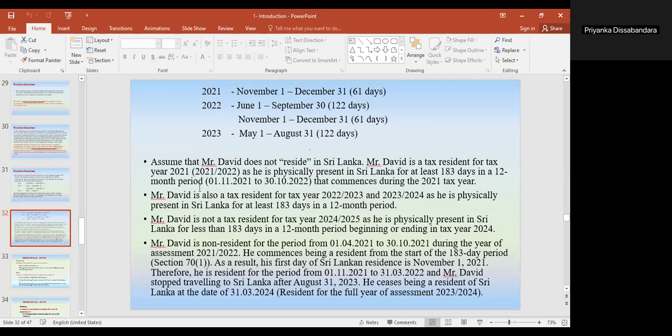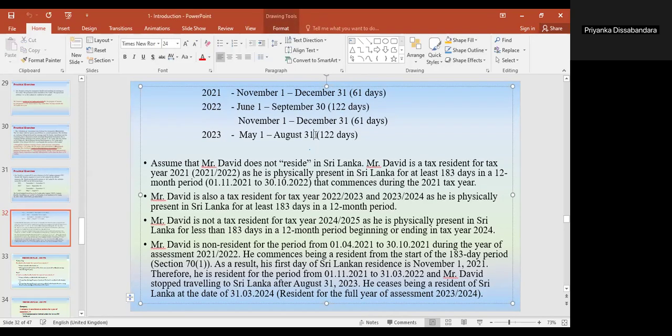So during that 12-month period, he stayed in Sri Lanka for 183 days. If we aggregate these days, it will be 183. Therefore, we can consider the year of assessment 21-22 as he is a resident for the whole year of assessment.